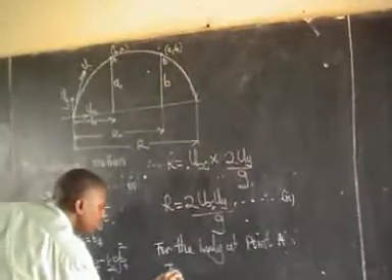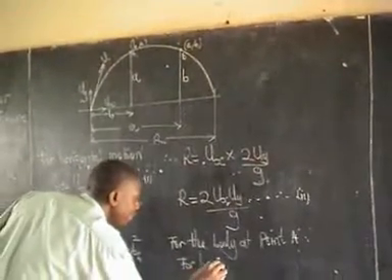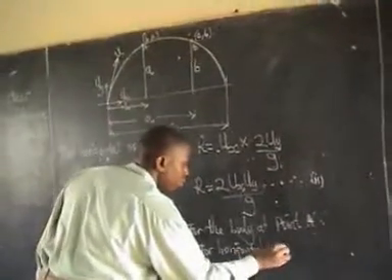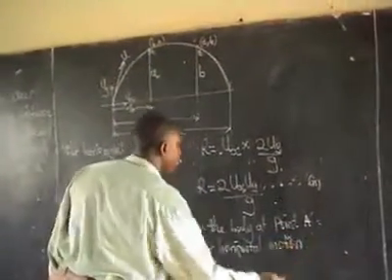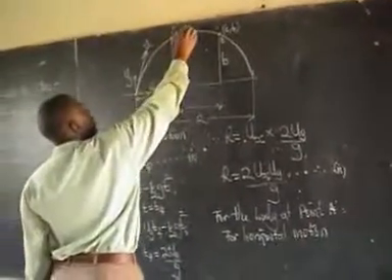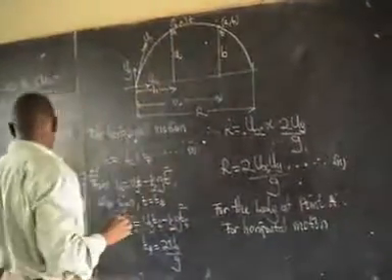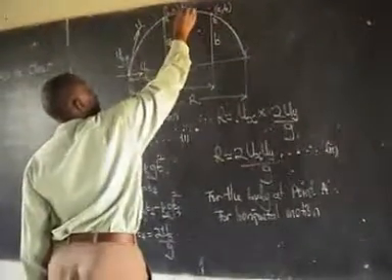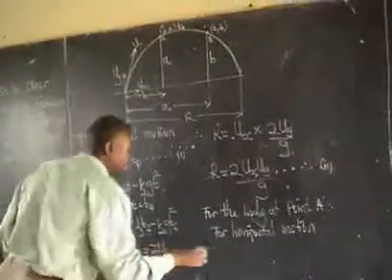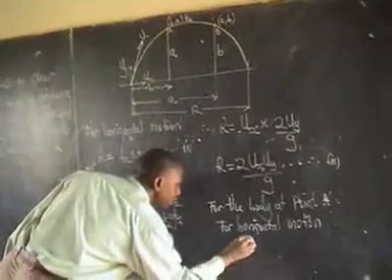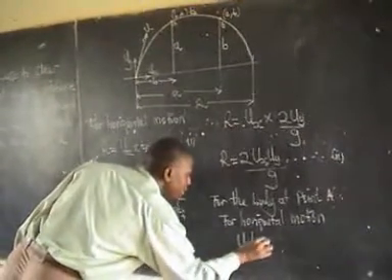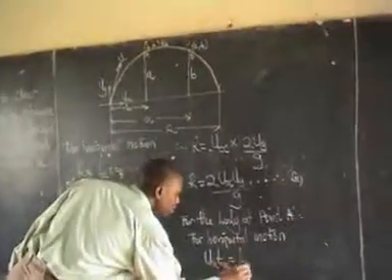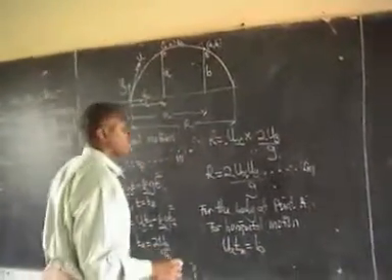For horizontal motion, if it has taken a time, which I call TA, we shall have ux TA is equal to the horizontal displacement, which is B.